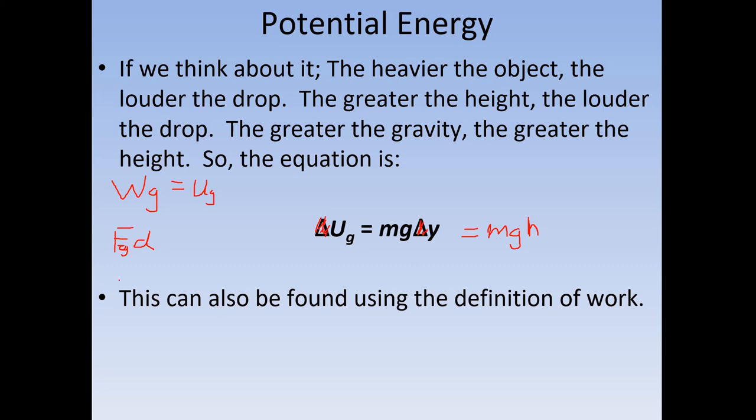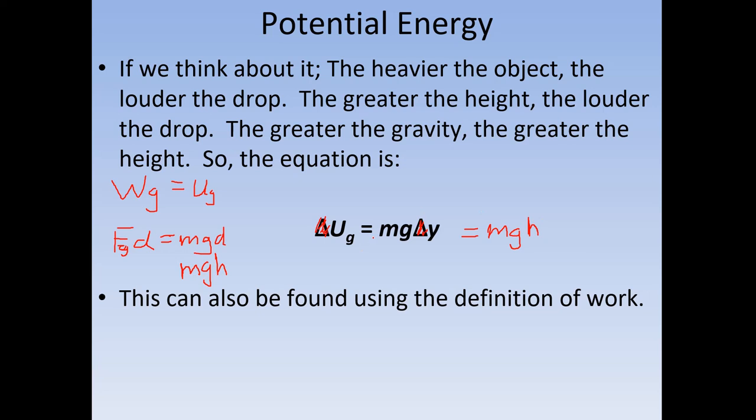From here, I know one of the equations for Fg is mg, so I can plug that in and I get that the potential energy is mg times d. Well, d is a distance, and since it's being lifted up and down, I can replace the distance with height. And there we go, we have mgh. Very simple, very straightforward derivation, nothing really crazy.